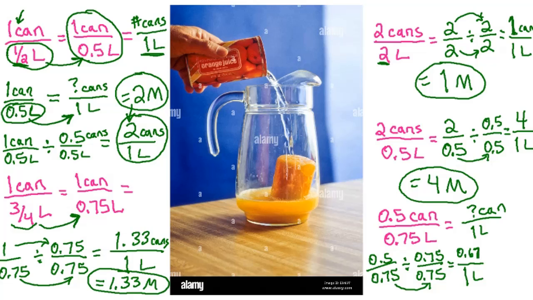So 0.67 cans per every 1 liter of water. So that means we have a 0.67 molarity because that's how many cans would go into 1 liter of water.